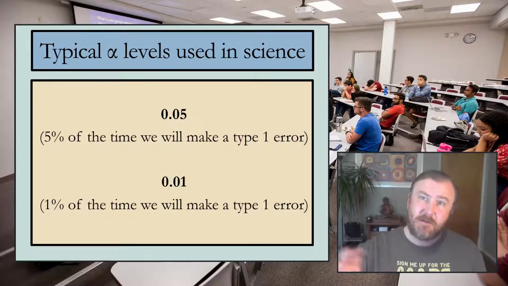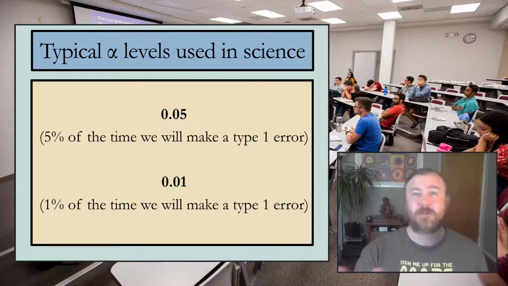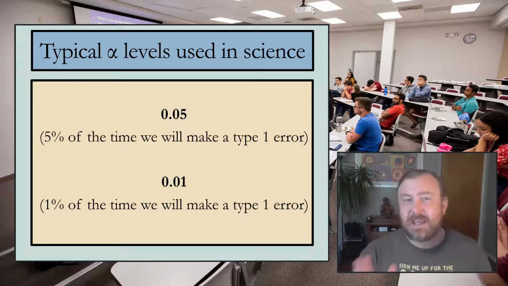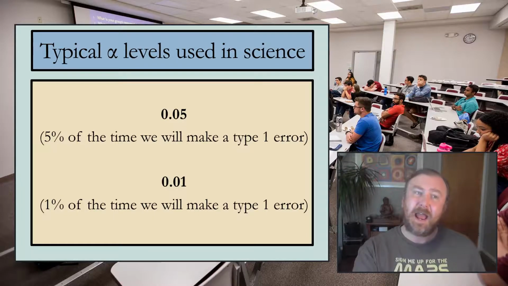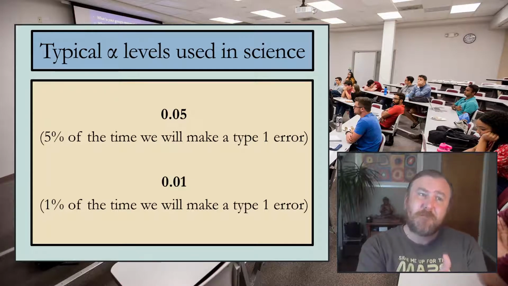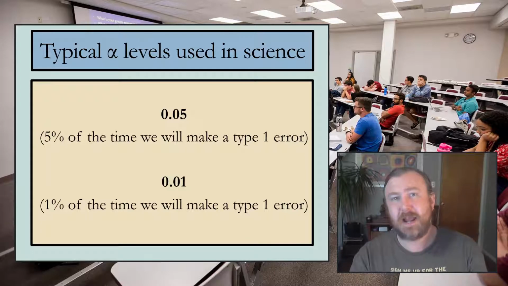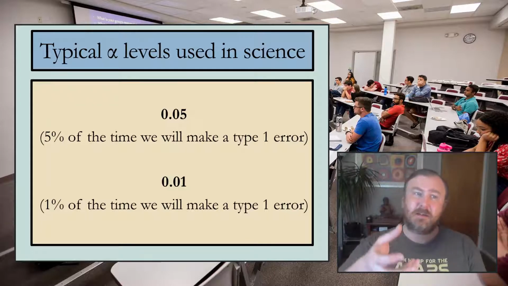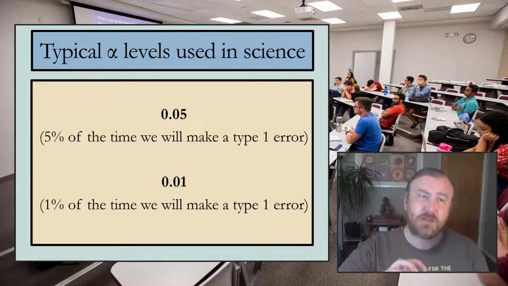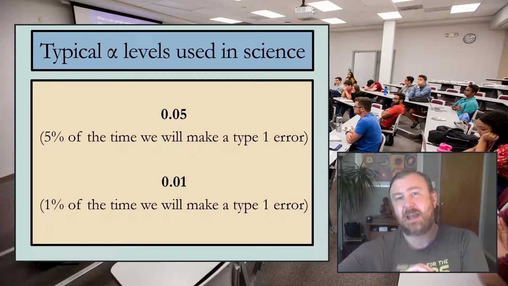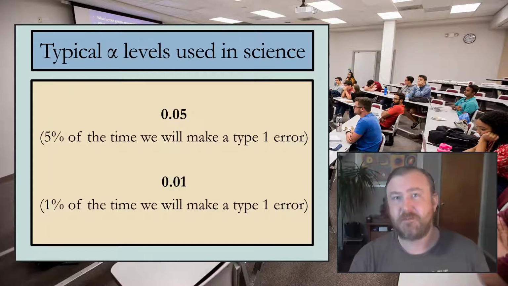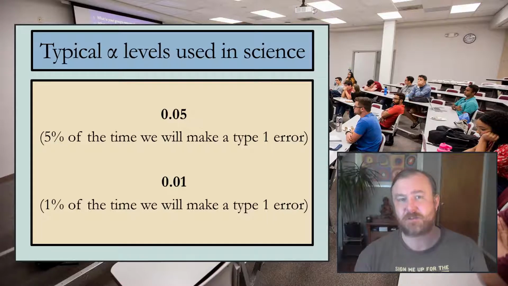If we wanted to favor a false negative over a false positive, we would make it easier on ourselves to reach that criterion of statistical significance. So 5% of the time we might make an error, but we're reducing the probability of making a false negative, of not saying that there's an effect when there is one.